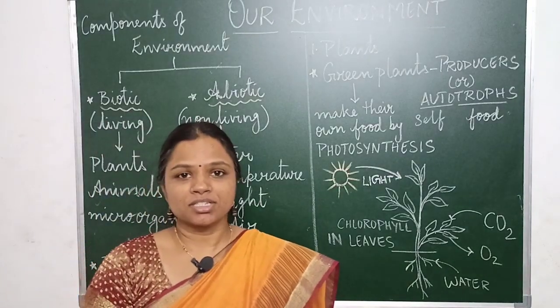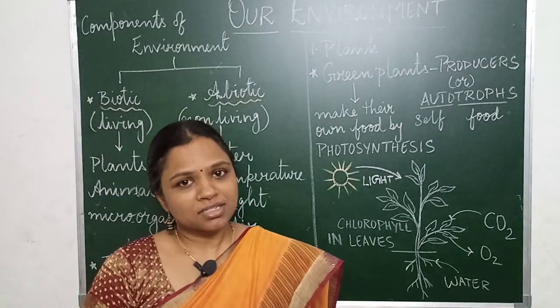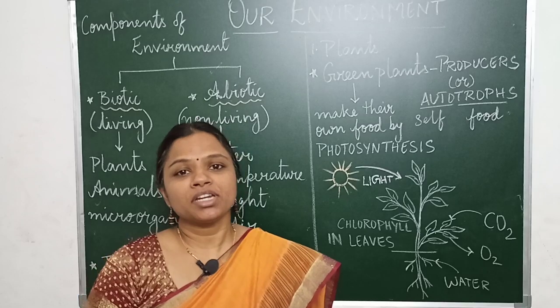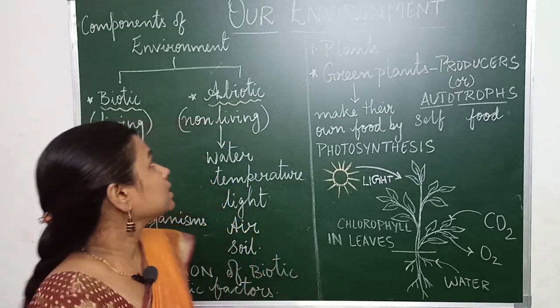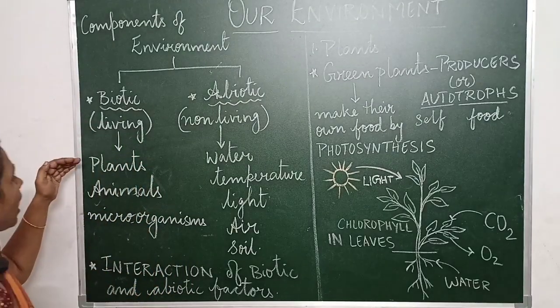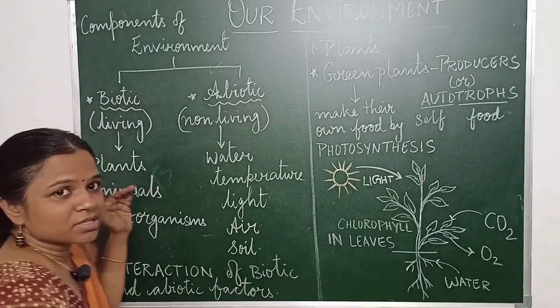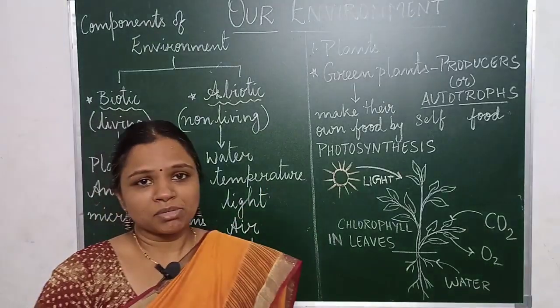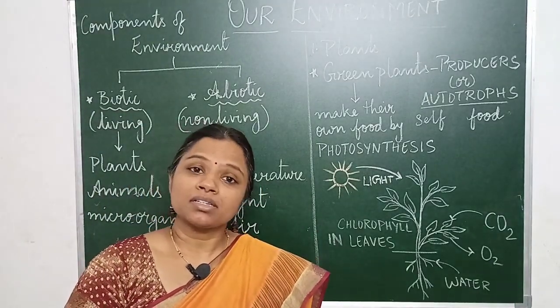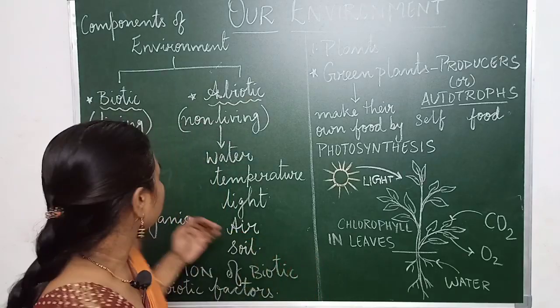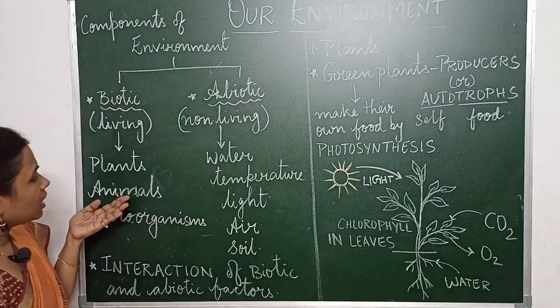All the living organisms include plants, animals, and even microscopic organisms. So, here the plants are the organisms which help the animals in their survival. In the same way, plants are also dependent on the animals.